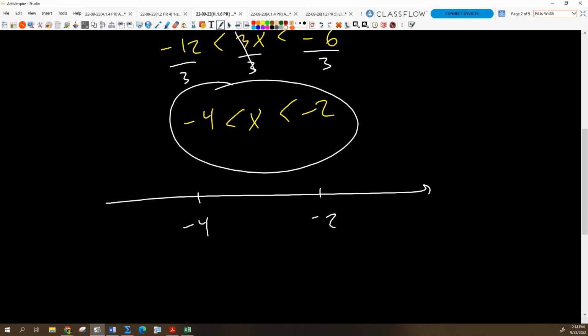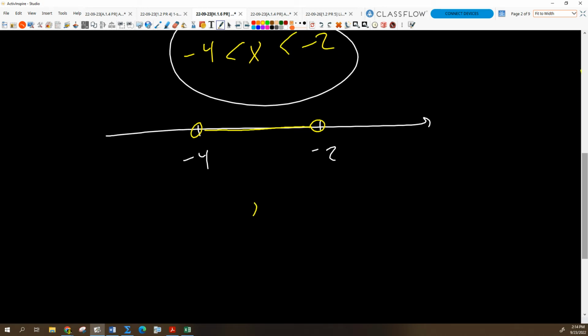And it's going to look like this. Agreed? If I write that using interval notation with comma, what's that going to look like? Super simple. Negative 4 with parenthesis and negative 2 with a parenthesis. Okay? Make sense? Okay, give me thumbs on that. Okay? All right.